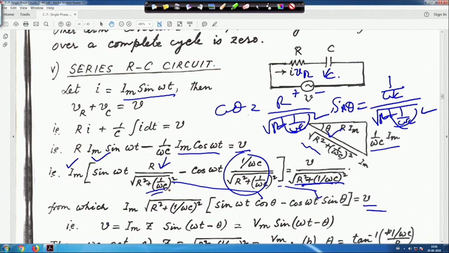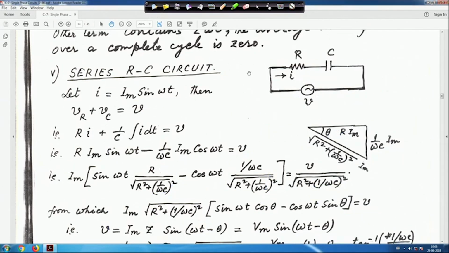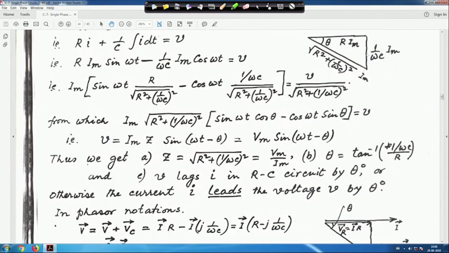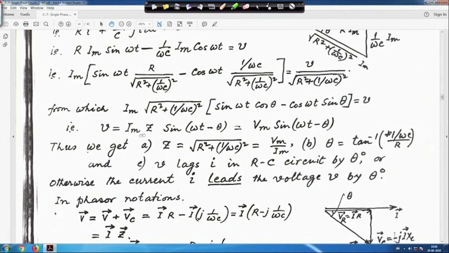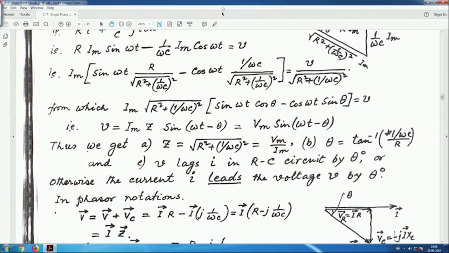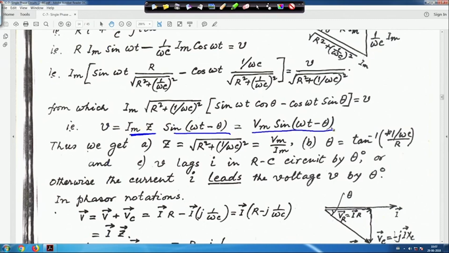If you do so, same as the inductive circuit, here it is 1 upon omega C and a minus sign is there. So in this case also V equals Imz sin omega t minus theta, that is, V equals Vm sin omega t minus theta, and Vm is the magnitude Imz.